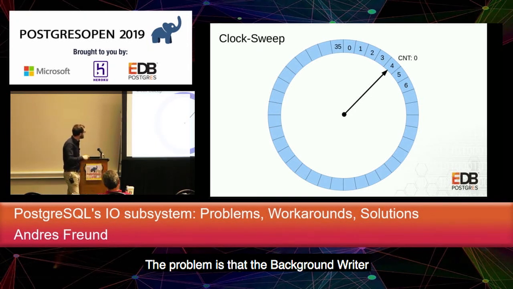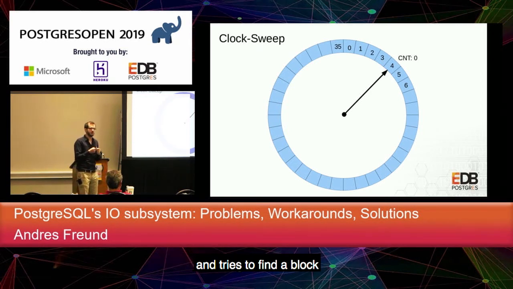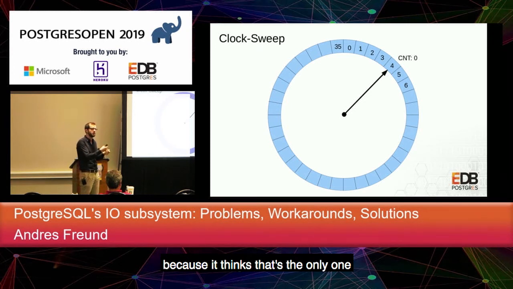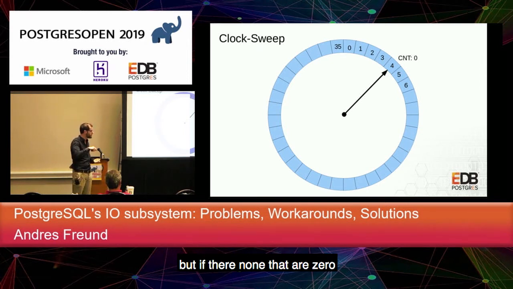The problem is that the background writer basically just walks ahead of there and tries to find a block that has a usage count of 0, because it thinks that's the only one that can be replaced very soon. But if there is none that is 0, because all of them have been used, then it doesn't write any data out.